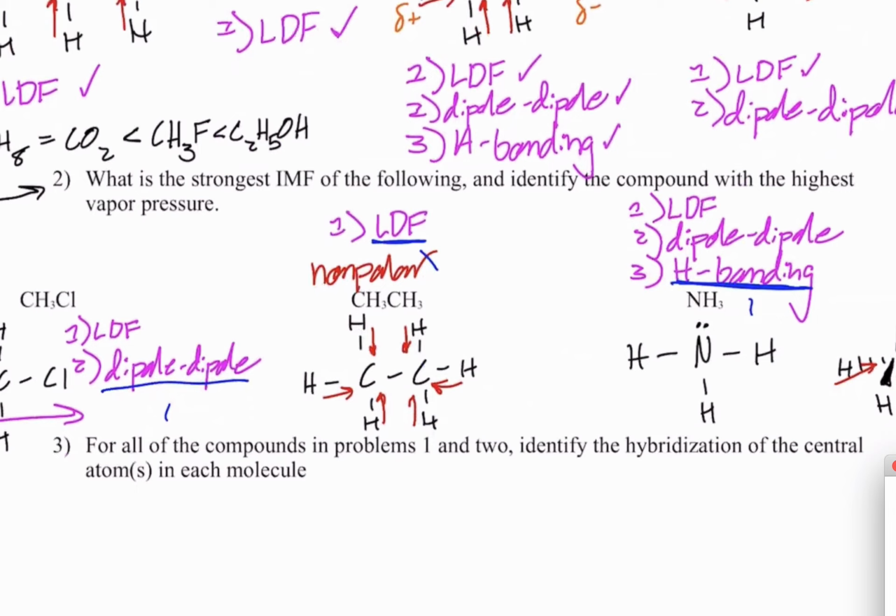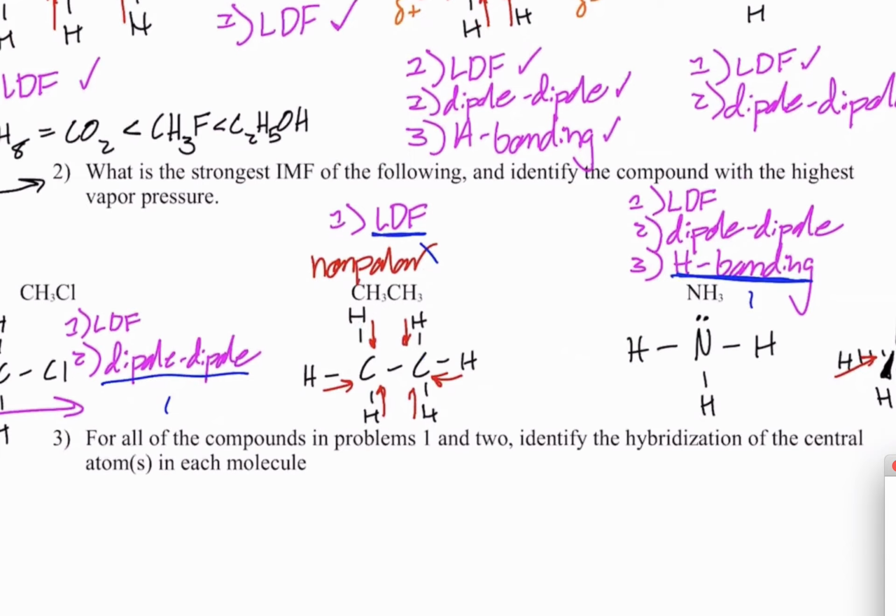So basically what happens is when you have more gas being produced, more gas evaporating off, then that means the vapor pressure is increasing. So generally we would say that the higher vapor pressure is going to be formed by the most volatile compound, the most readily evaporating compound.